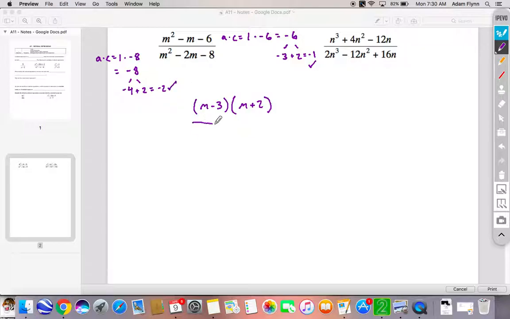So I can rewrite my denominator as m plus 2 times m minus 4. So I've got an m plus 2 down bottom as well as up top. So I know my simplified rational expression is going to be m minus 3 over m minus 4.